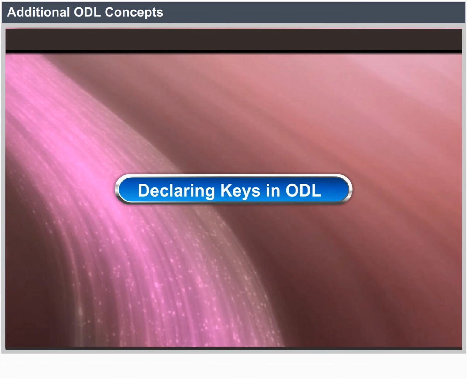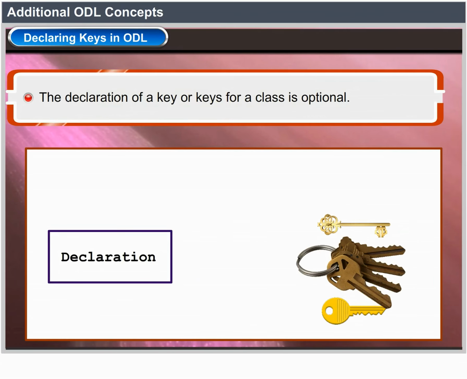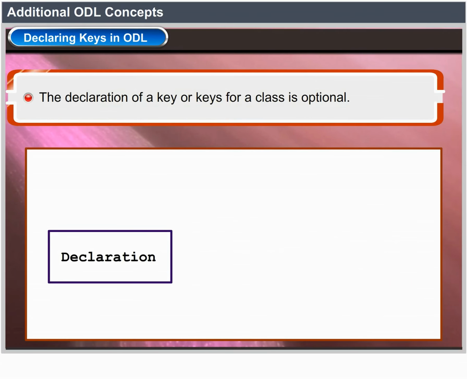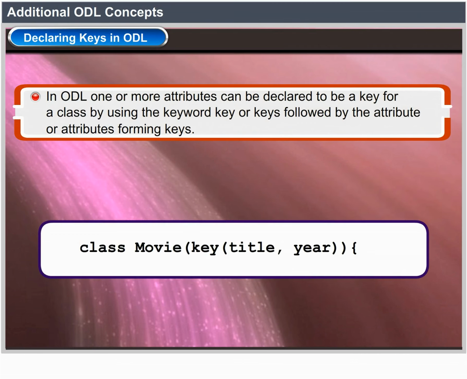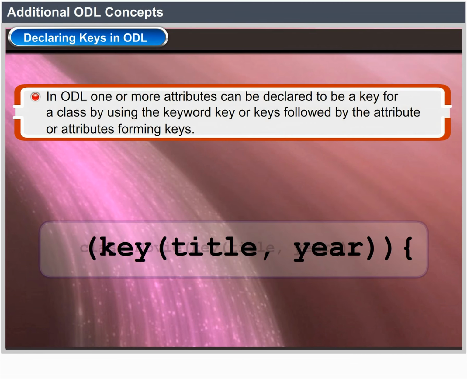Declaring keys in ODL. The declaration of a key or keys for a class is optional. The reason is that ODL, being object-oriented, assumes that all objects have an object identity. In ODL, we may declare one or more attributes to be a key for a class by using the keyword key or keys followed by the attribute or attributes forming keys.